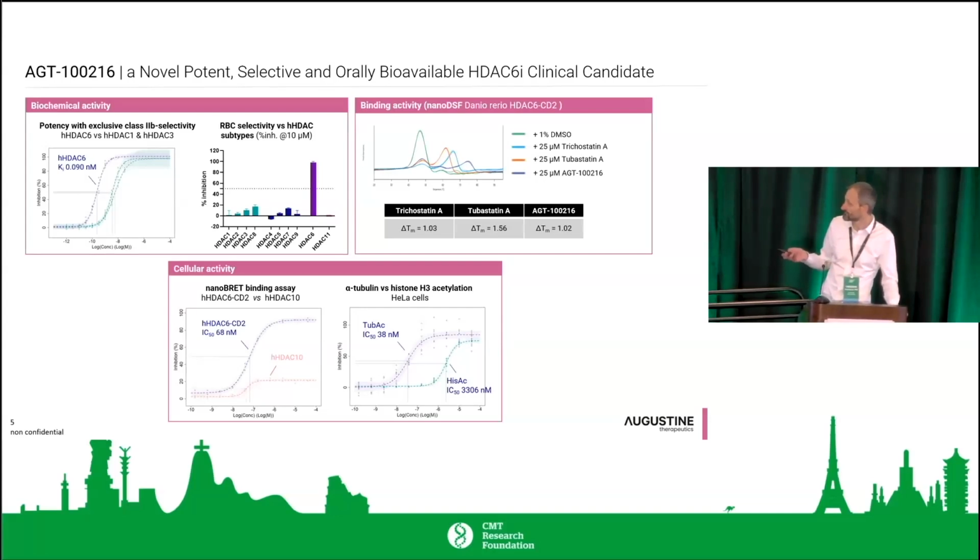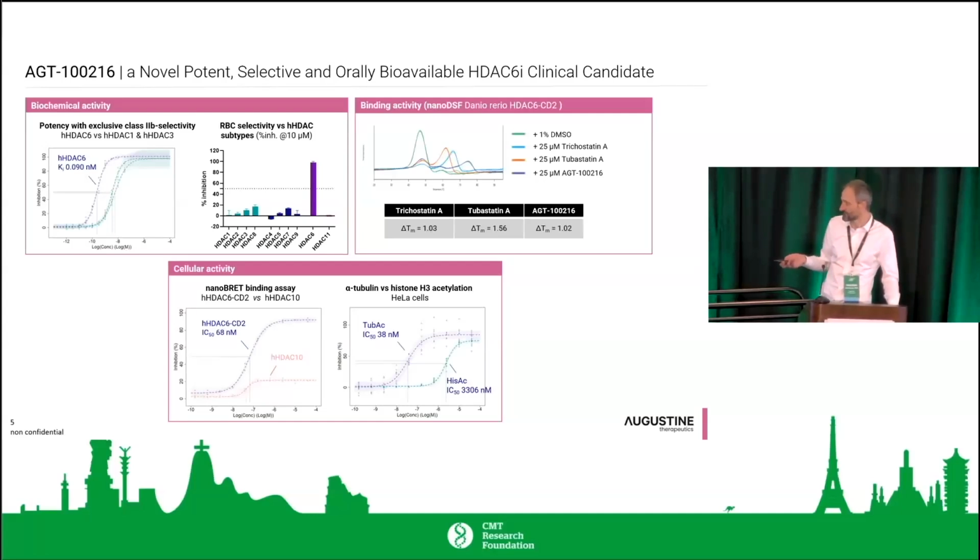We've demonstrated also that it binds to the CD2 domain of HDAC6, so we see a temperature shift here, stabilizing that CD2 domain in the same range as well-known hydroxamic acid HDAC inhibitors such as trichostatin A and vorinostat. In the NanoBRET binding assay, we showed double-digit nanomolar potency for the HDAC6 CD2 domain, the human one, with selectivity over the closest related, so also a 2B, HDAC10.